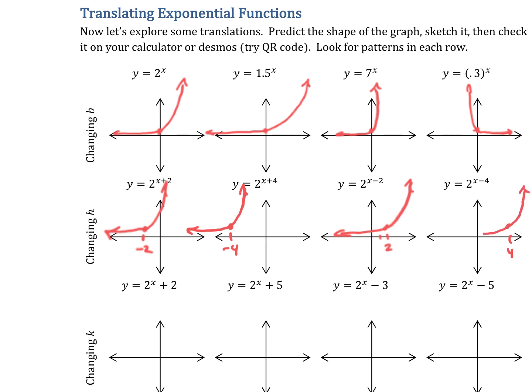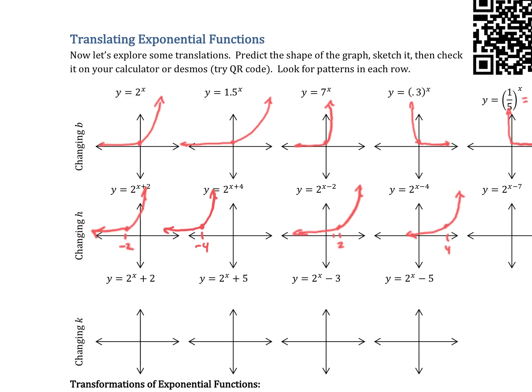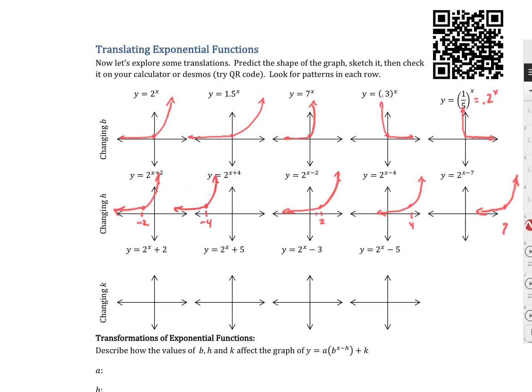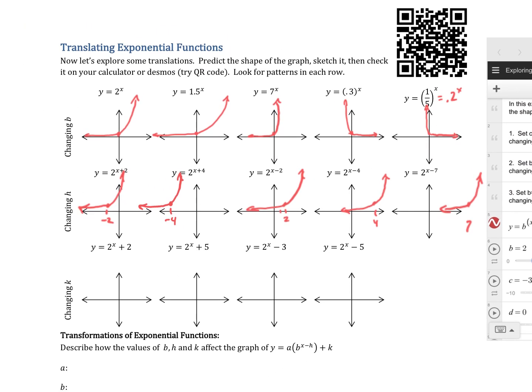It'll have that same shape as 2 to the x. Okay? That's the idea. How about minus 7? Well, even farther over here, right? Same shape. These all should be the same shape. I know we're freehanding, but they all have exactly the same shape in that row, they're just moved left and right. And last one here, plus 2, plus 5, minus 3, so on and so forth.